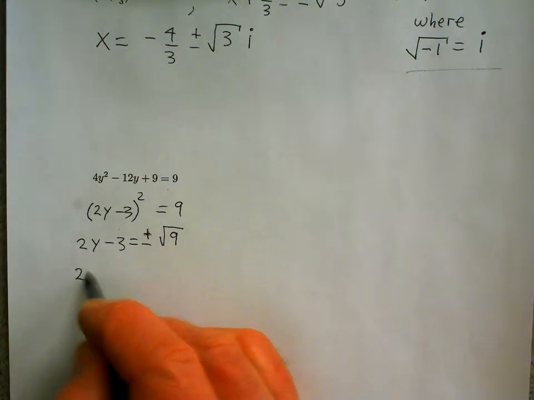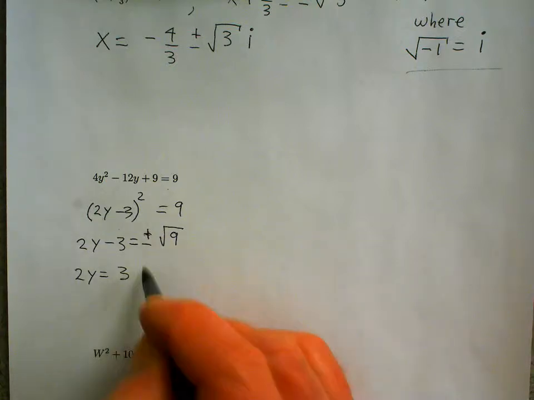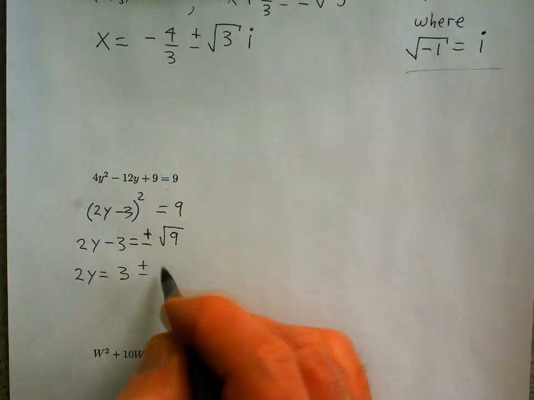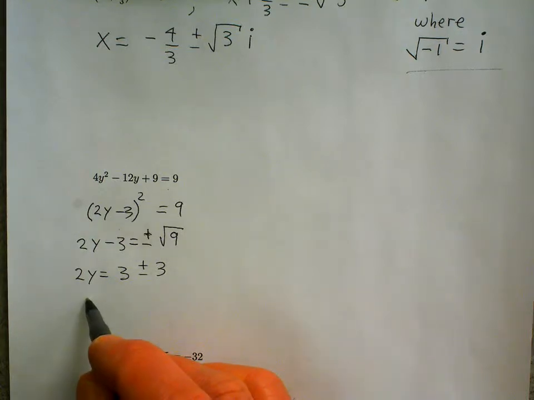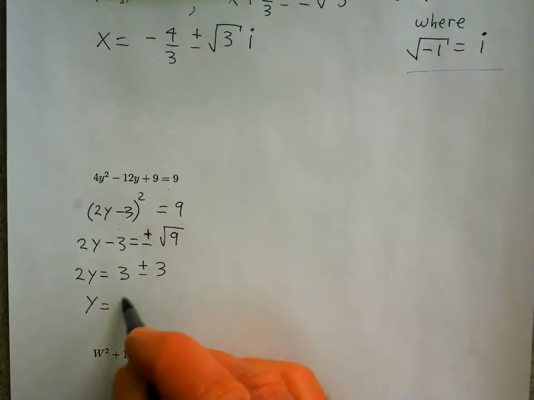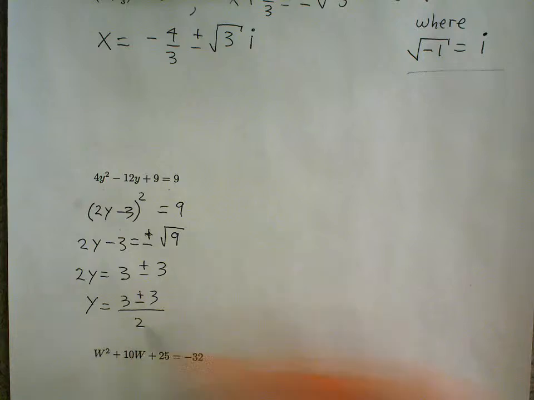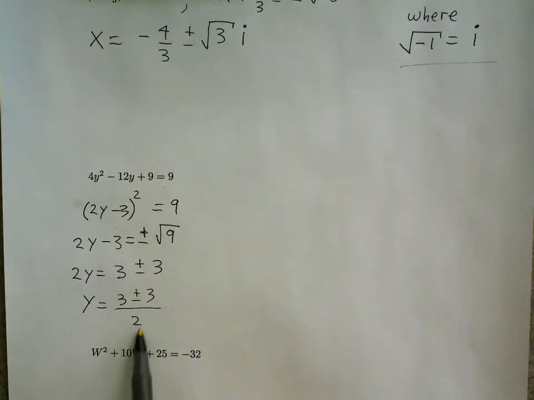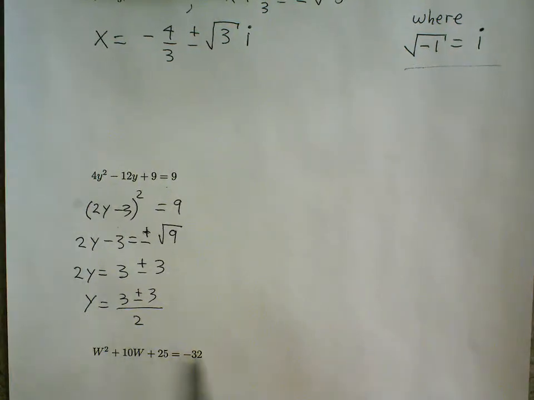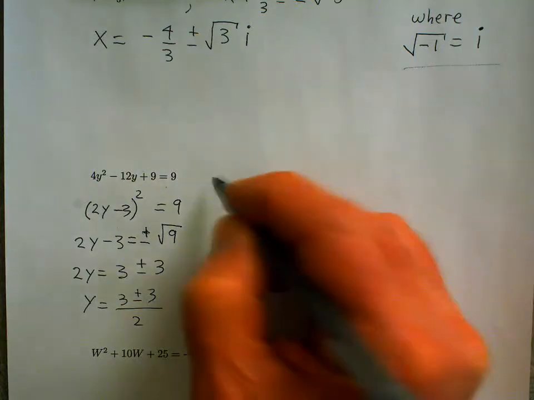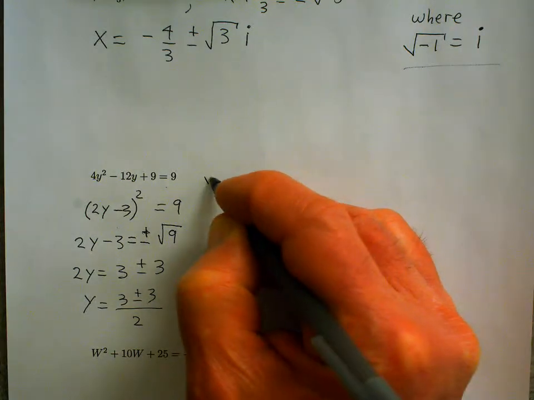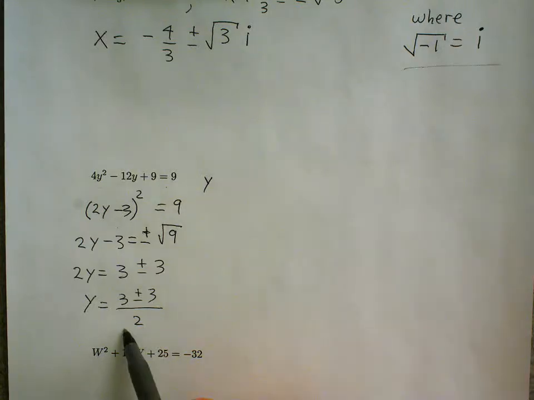So we get 2y equals 3 plus and minus 3. And then divide everything by 2. We get y equals 3 plus and minus 3 all divided by 2. We do want to simplify further because we can evaluate 3 minus 3 and 3 plus 3. So we will write the solutions separately.